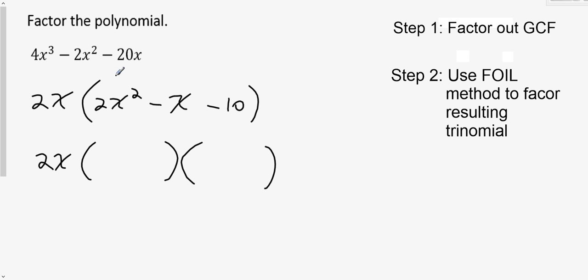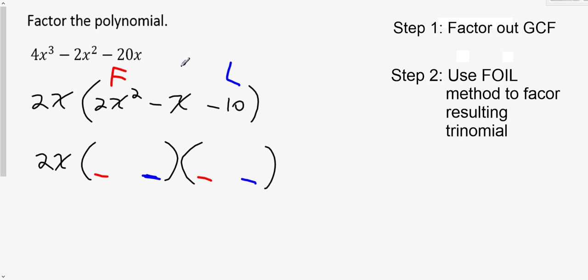That implies that the first times the first would give me this term, 2x squared. So whatever goes here and here, when I multiply it, I should get this term. Also, it implies the L part, last times last, whatever goes here and here, should give me this, 10.